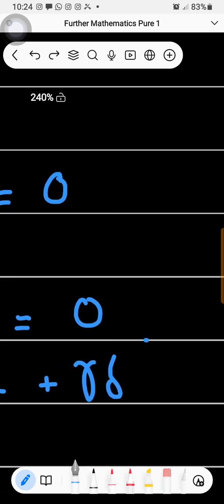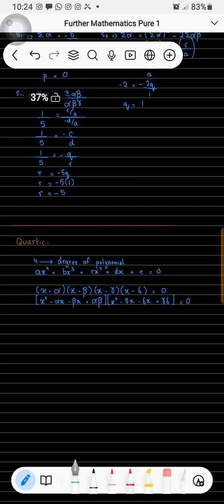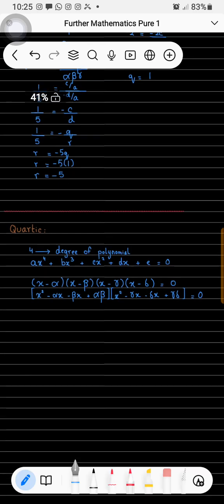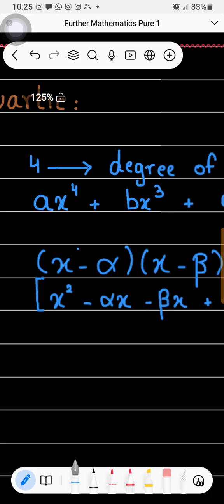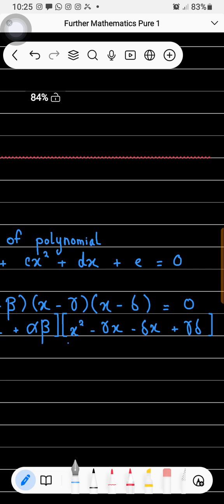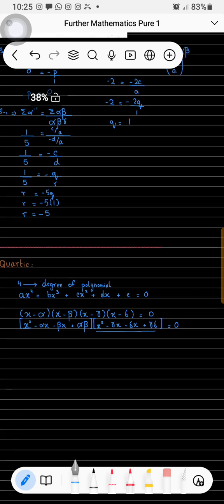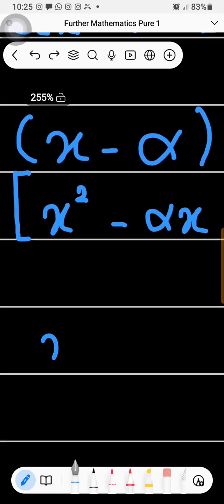Now the intensified algebra starts from here, as we have to multiply these two brackets. We have to keep things in mind and not make it complex. First we will multiply this x square one by one with each term. When you multiply x square by x square, it becomes x power 4.